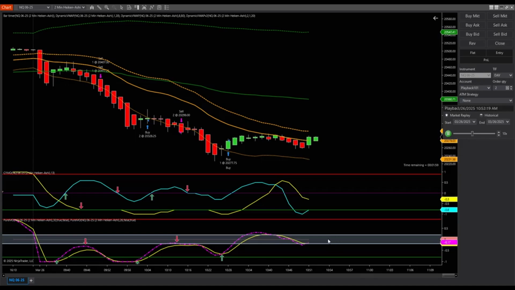A lot of you guys call it being range bound. It's called consolidation, okay? And so right now the market is definitely in a cyclic environment. Anytime it's between this dashed band and this dotted band right here, you're in a cyclic environment.